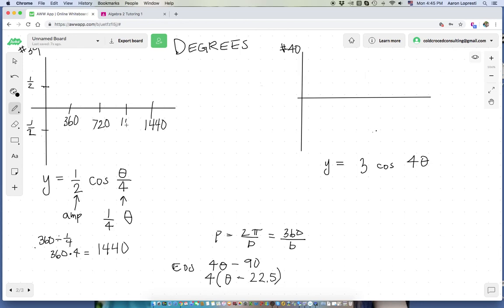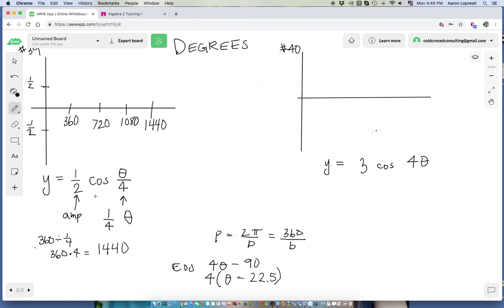Okay. So again, if you're trying to figure out your landmarks too, you can take your period and divide it by 4. And you get 360, duh, because you just multiplied it by 4, right? So that tells you what I call your landmarks and your steps to get there.